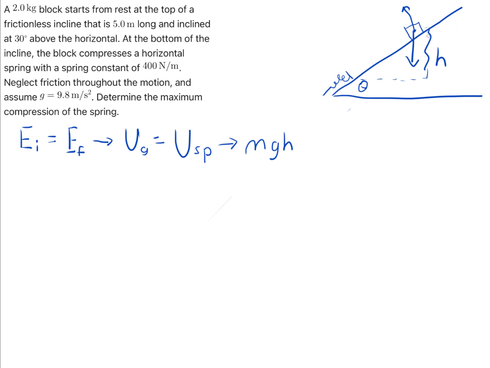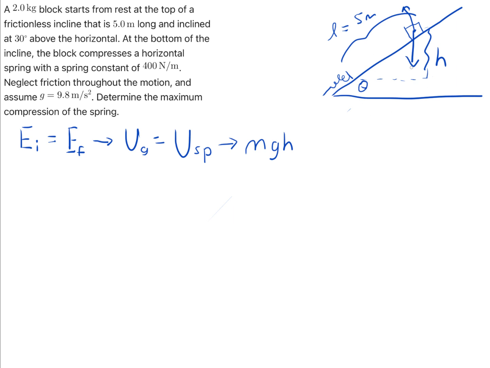And we are given that the length of this part of the incline is 5 meters long. So the incline is 5 meters long, meaning that this part along the incline is 5 meters long. However, the length of the incline is not the same as the height h.